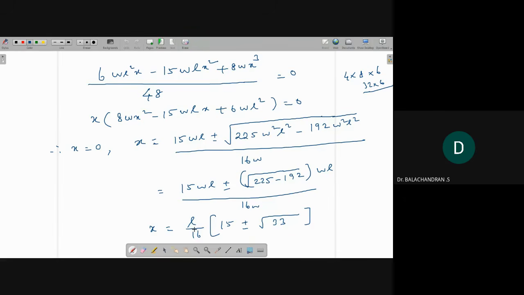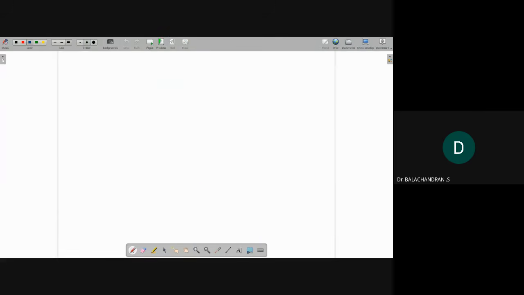Hence x equal to L by 16 into 15 minus root 33 is the correct answer. Okay, good. I will finish it here.